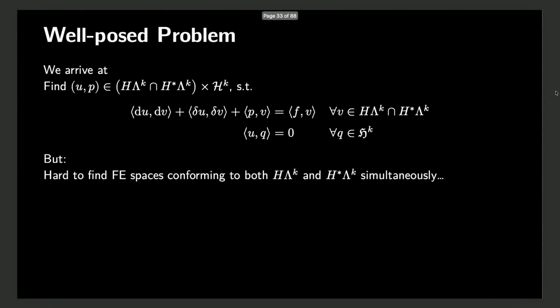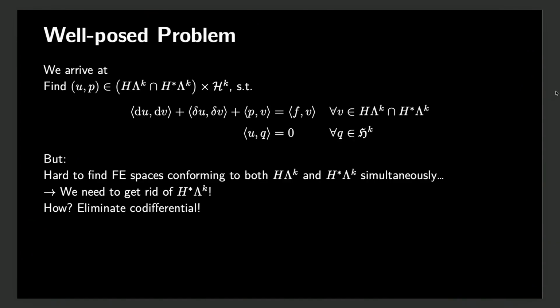But unfortunately, this is not easy to discretize, since it's hard to find element spaces that conform to both of these Sobolev spaces at the same time. So we want to get rid of one of them and do everything in the one that uses the exterior derivative. Somehow we need to eliminate the codifferential from this term.